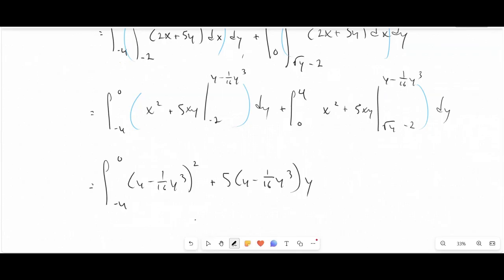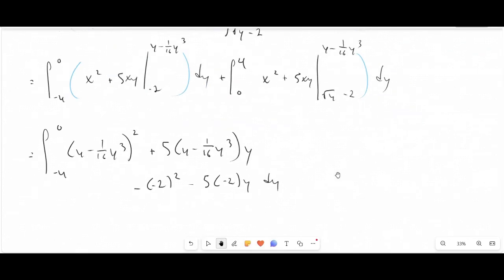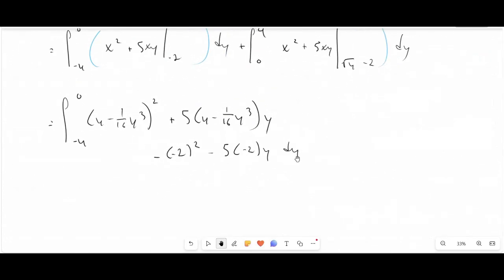There's a couple more. We've got to subtract off 2 squared. You've got to plug in the -2, or -2 squared. And also subtract off 5 times, here x equals -2, y. Okay, all dy. It's just unnecessarily complicated. I still have to do the second one.